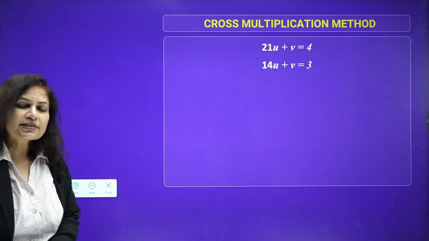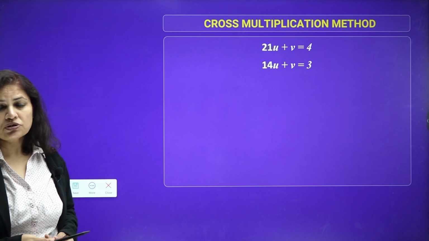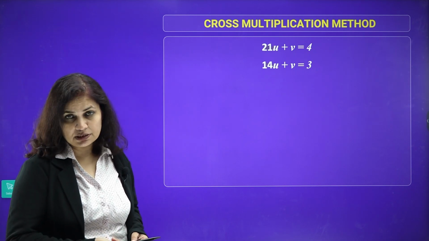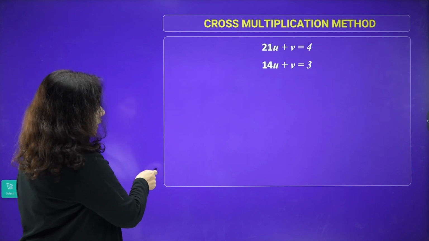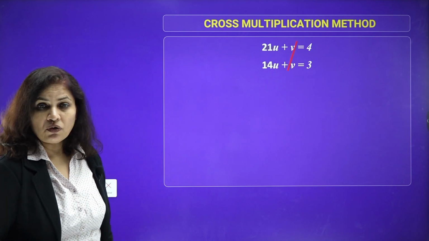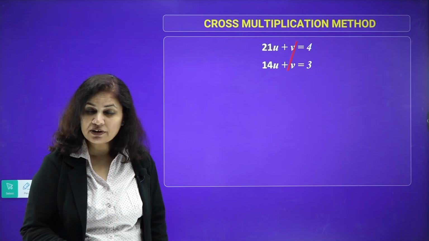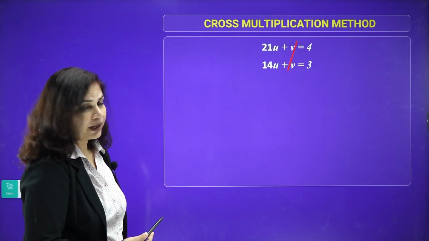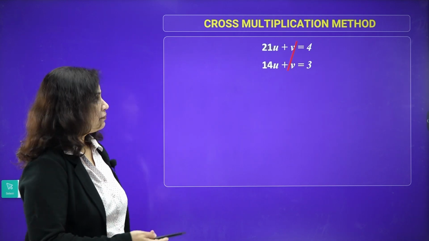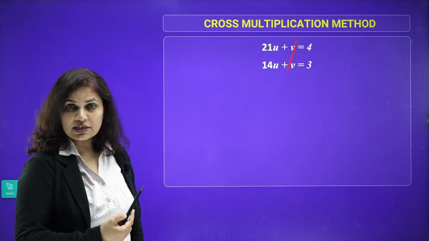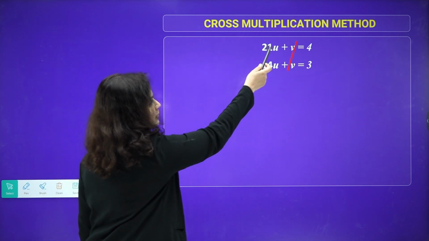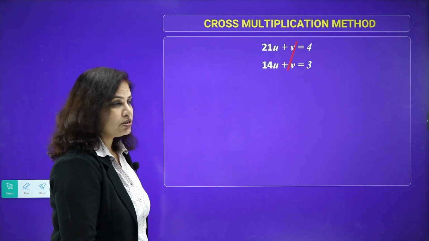So, we have two equations, 21u plus v equal to 4 and 14u plus v is equal to 3. Now, this can be solved either by substitution, elimination or cross multiplication. I am solving it by elimination because it becomes easier here, as both the variables have the same coefficient.